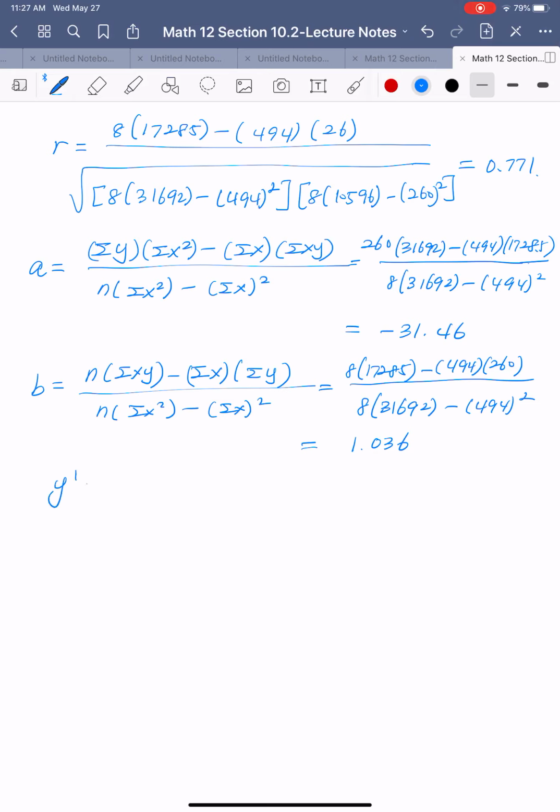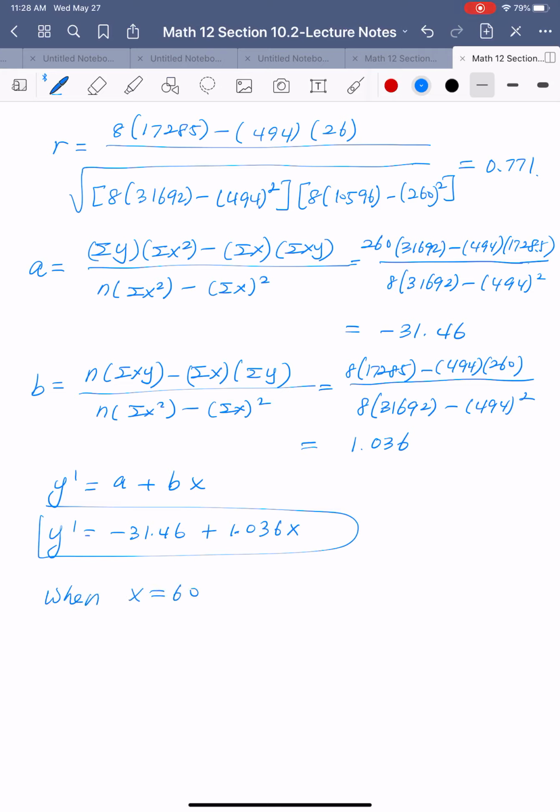So y prime is a plus bx, and y prime is negative 31.46 plus 1.036x. Okay, and then another question is we need to predict when x equals 60. So y prime is negative 31.46 plus 1.036 times 60.